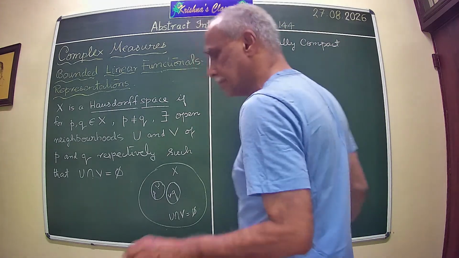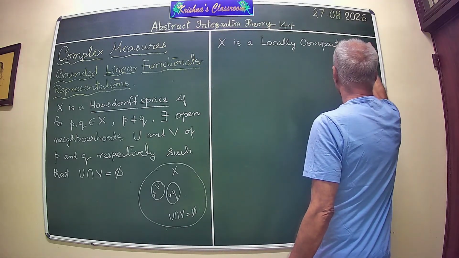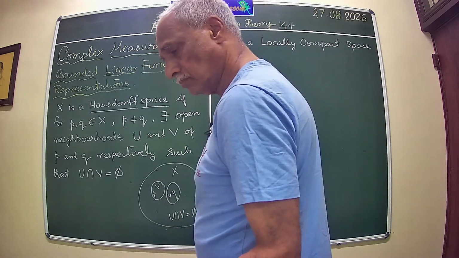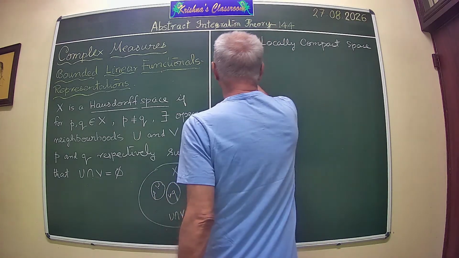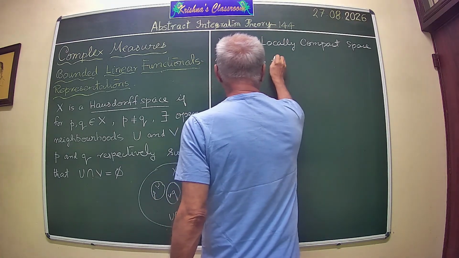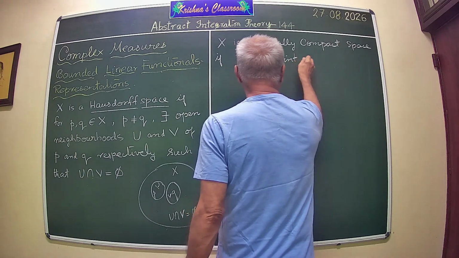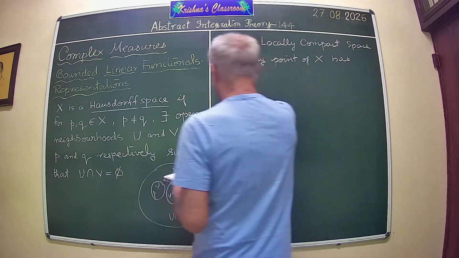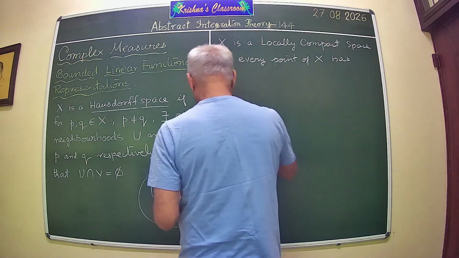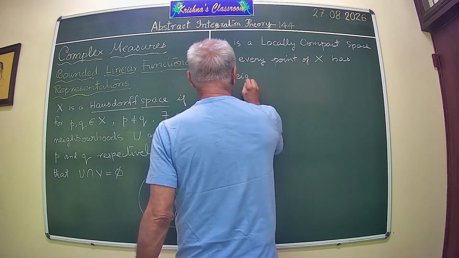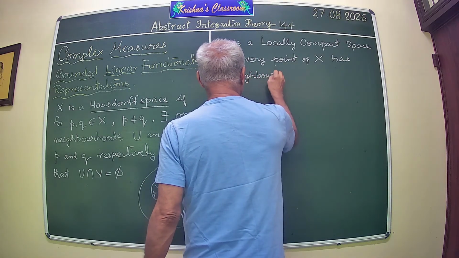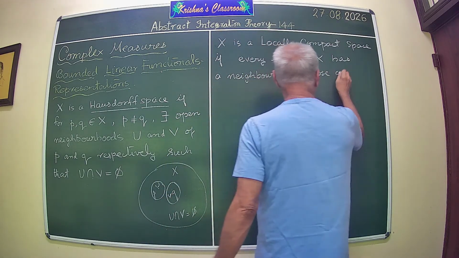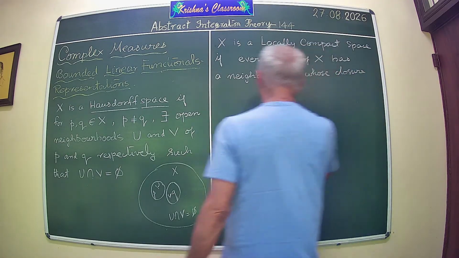A locally compact space if every point of X has a neighborhood whose closure is compact.